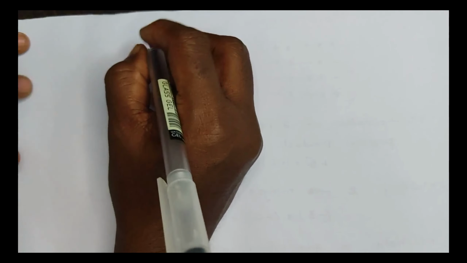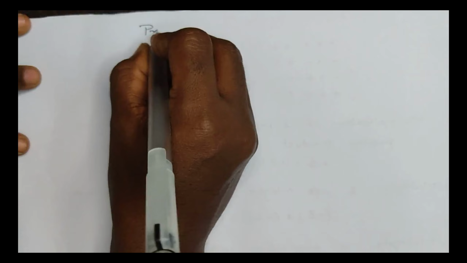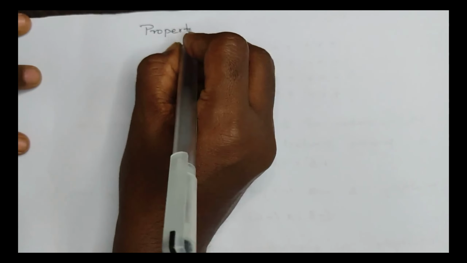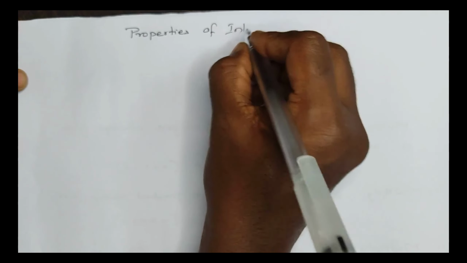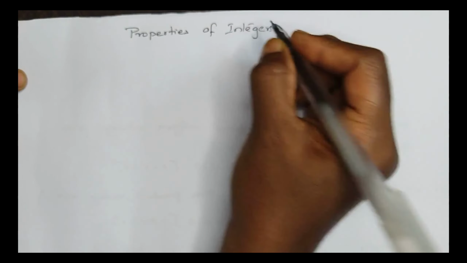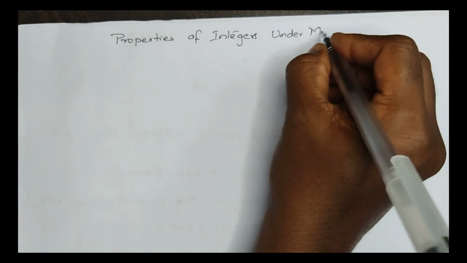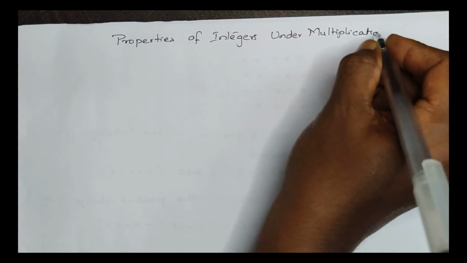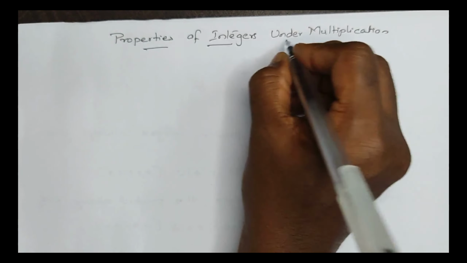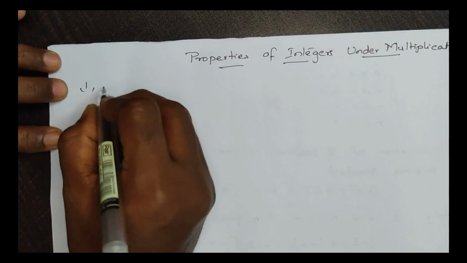Okay. The next point that we are learning here is properties. As we learned for addition and subtraction, here also we have properties of integers under multiplication. What are the properties we have already learned? Are you remembering? The first property, what is the first property? The first property in any set will always be closure property.